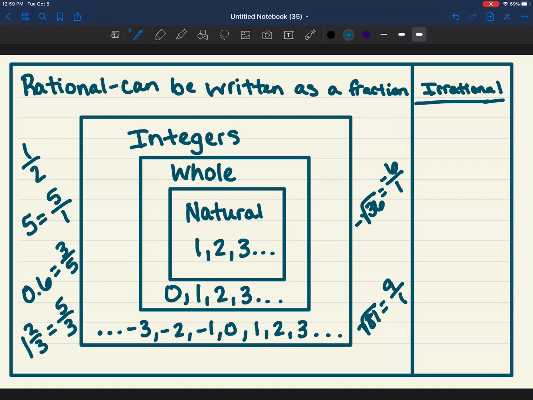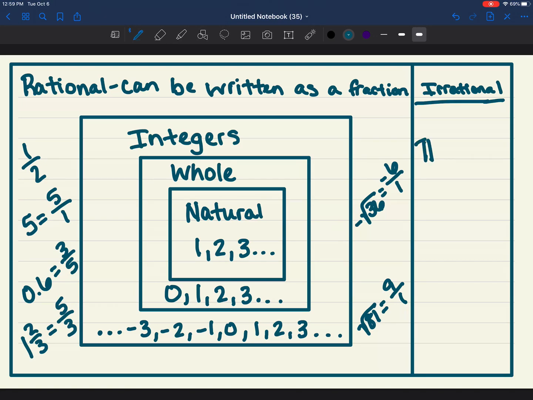Last thing on this is irrational number. So if a rational number is any number that can be written as a fraction, irrational numbers would be what? If a rational number can be written as a fraction, irrational numbers can't be written as a fraction, okay? So typically an irrational number is a decimal that does not terminate. That means it keeps going forever. What's the most famous example of a decimal that does not ever end?